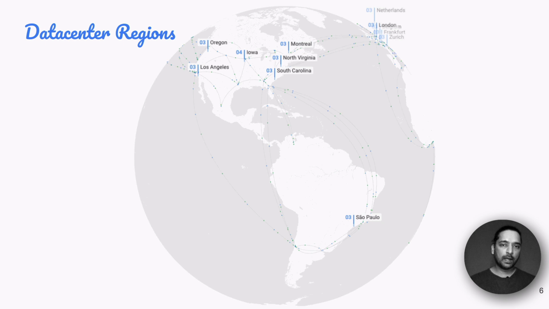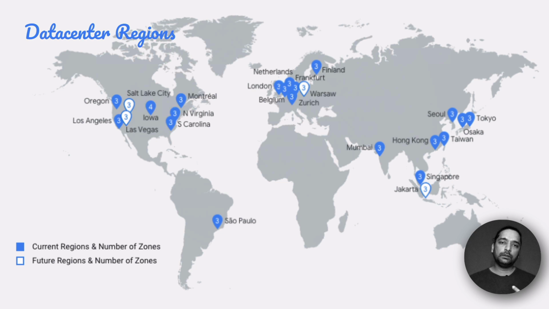The other reason to have your applications replicated is so that users who are in a local region can access your application with very low latency. These regions are spread across the world. The ones with a filled blue marker indicate regions that are currently available, and the number within that indicates the number of zones in that region.